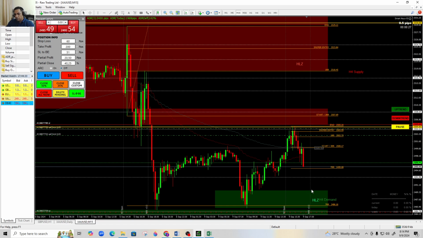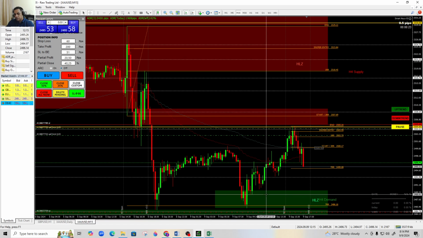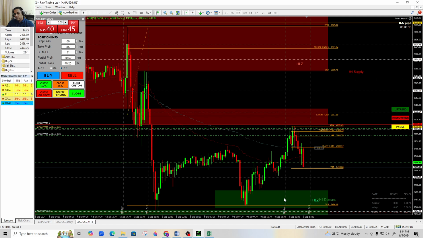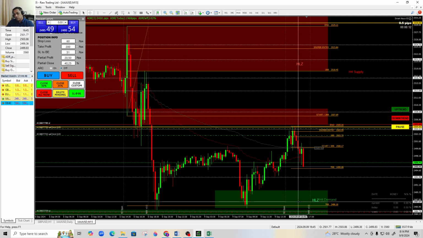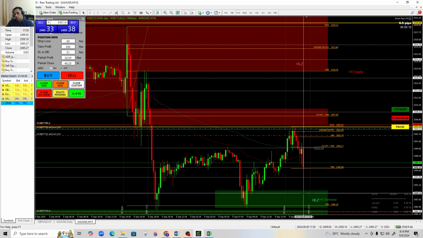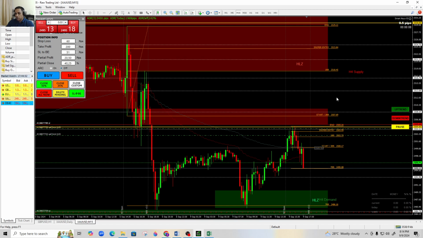That would be my final TP, or somewhere here would be my final TP. These lows here, right? To see if price does come down, or even the London low, which is this, right? Somewhere here would be my final TP if I did get in there, right? But there is no guarantee. Price could come there, very possible, but could also come here and turn back and go up, right?